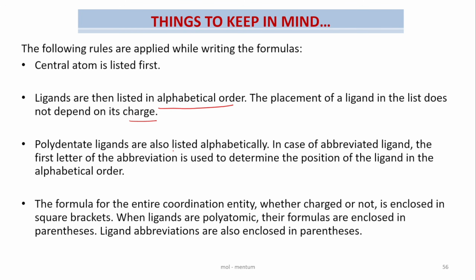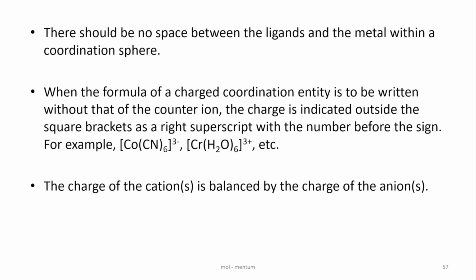Polydentate ligands are also listed alphabetically, but the prefix changes from di, tri to bis, tris and so on. The oxidation number has to be mentioned in parentheses. There should be no space between the ligands.